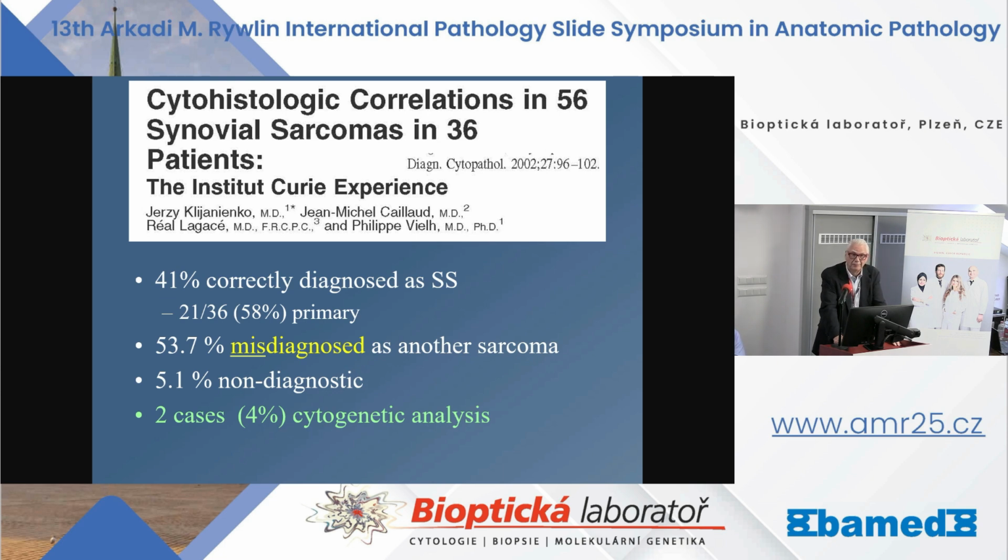And this is at the time, it was the largest series in the English literature, 56 cases in 36 patients. Less than 50% were correctly diagnosed as synovial sarcoma. That's not the important part of this particular slide. The important part of this particular slide is what I highlighted in green. Only 2 of their cases had any kind of ancillary studies. And what did they do? Cytogenetics.